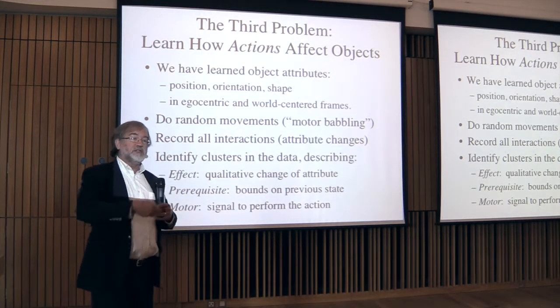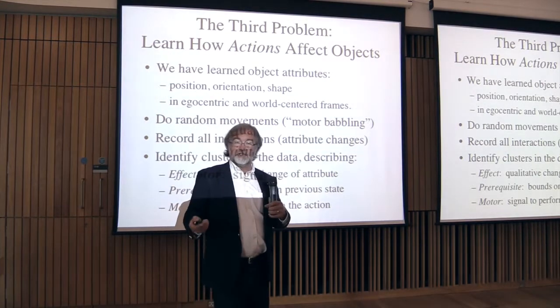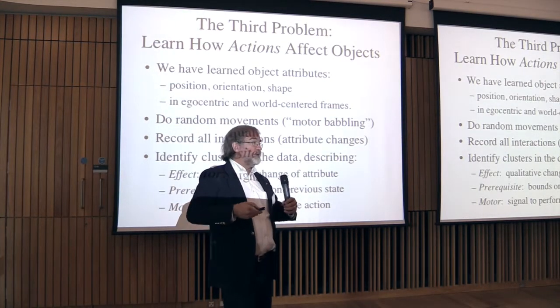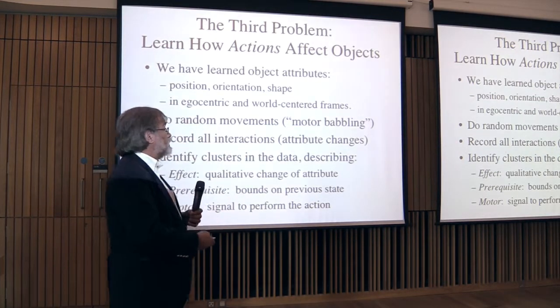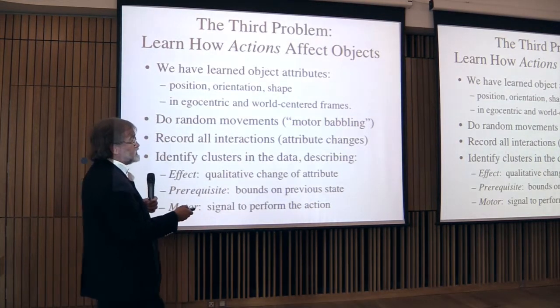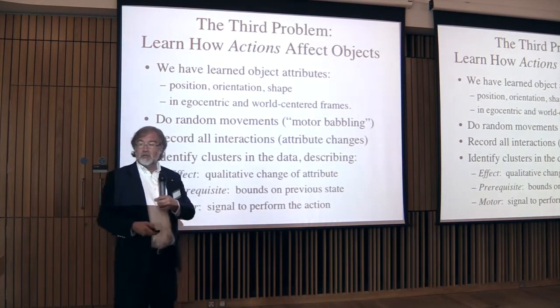Now, of course, if an object is cylindrical or symmetrical in ways, there might be changes of the object that we can't detect. But for our purposes, we're going to assume that we can. And we have all of those things in both an egocentric and in allocentric frames.